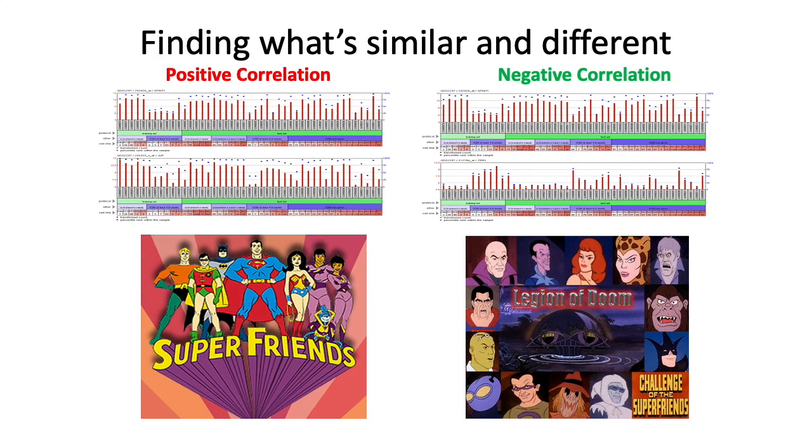Maybe they're the Legion of Doom, they're enemies. This gene can't get expressed until this one goes down. Maybe it's suppressing its transcription factor that's causing its transcription, and vice versa. When this goes down, this one goes up. I see that a lot, and this is a very critical pattern that most people don't recognize in the data. This is another aspect of the data that you can utilize to understand your system.